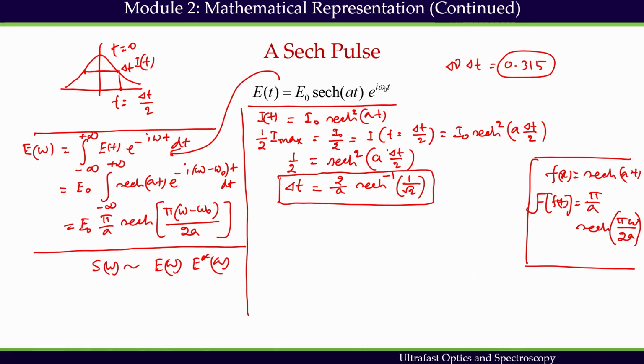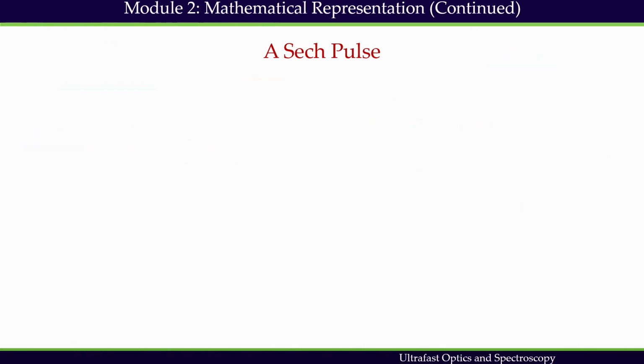And if we calculate that, then we get S omega equals S naught, the maximum amplitude, and sec hyperbolic square pi omega minus omega naught divided by 2a.